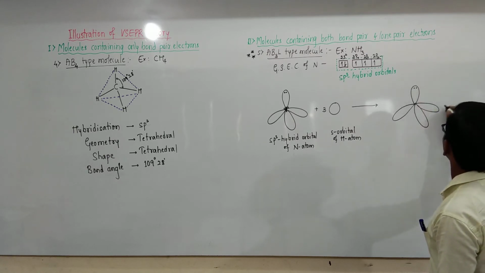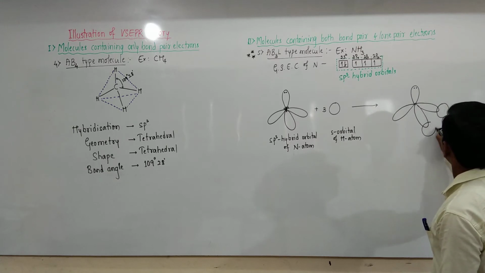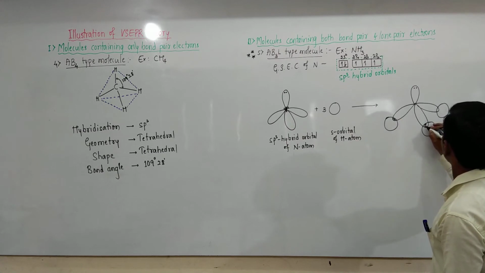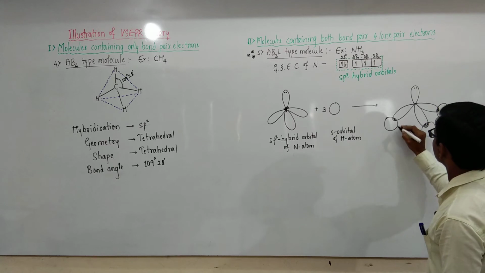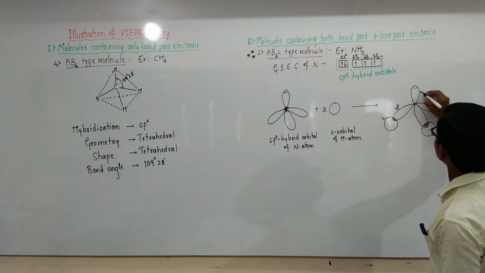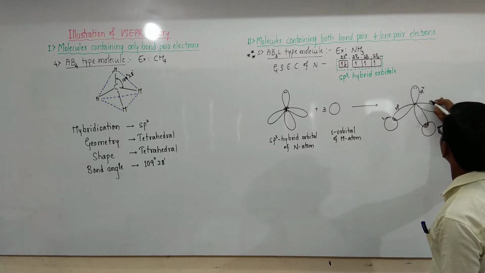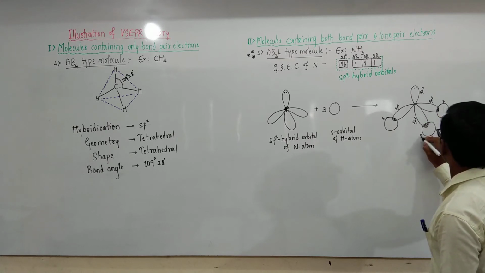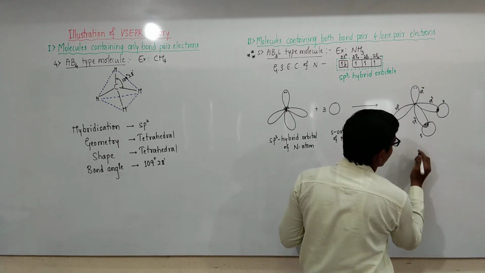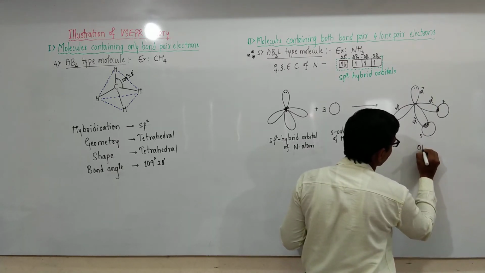Which contains lone pair, this is also sp3 hybrid state of lone pair. Yes, this is the ammonia molecule and this is also represented like this.